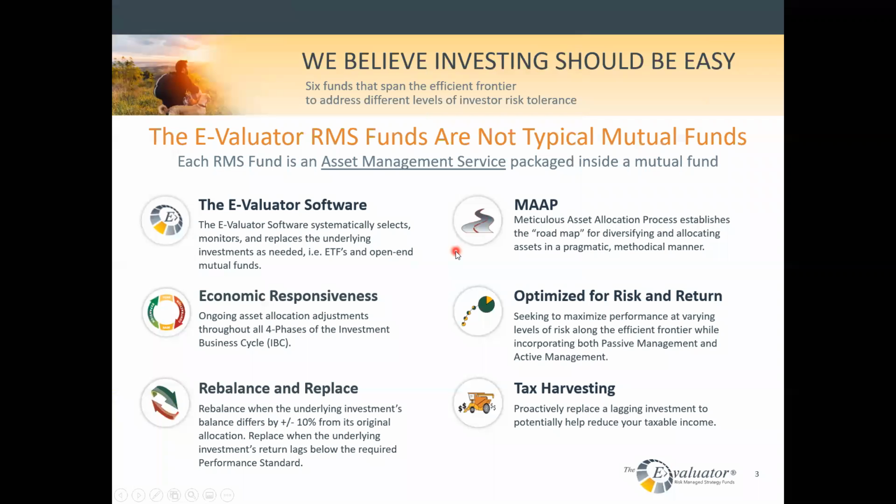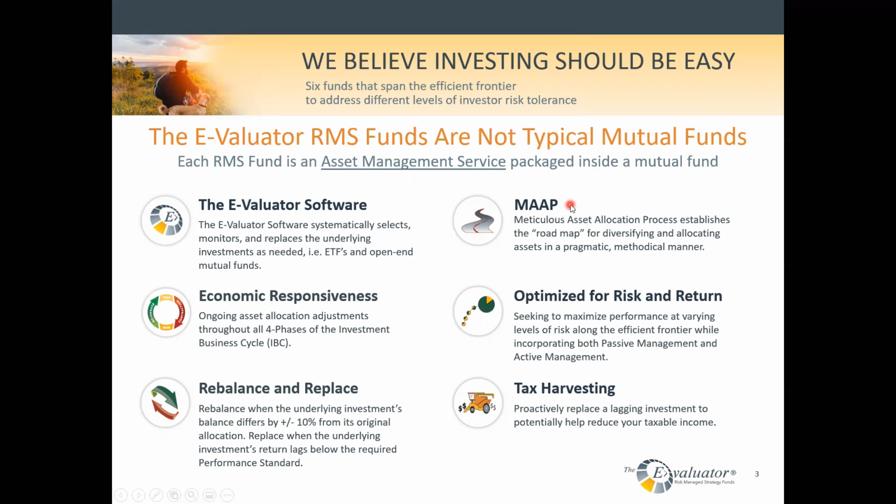In part one of this two-part series, we identified that the E-Valuator risk managed strategy funds are not typical mutual funds. They are an asset management service packaged inside a mutual fund. In part one, we identified that we use the E-Valuator software for selecting all the underlying investments inside each fund.